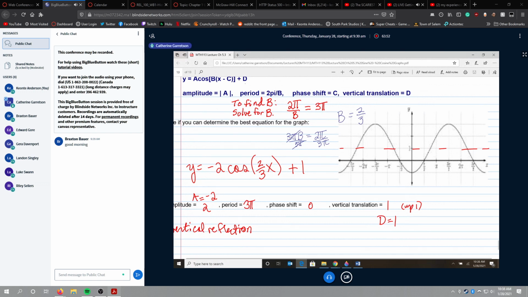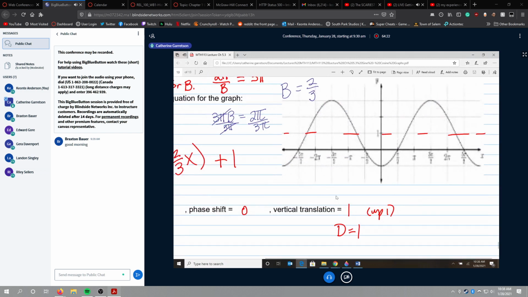Now, what else changed? Well, notice the middle of it is not the x-axis. So this thing got shifted. It has a vertical translation of 1 unit, so I'm going to add 1 to the outside. Now, the last thing: it didn't have a phase shift, but did it change the period? It did, because here's the y-axis and here's 2 pi.